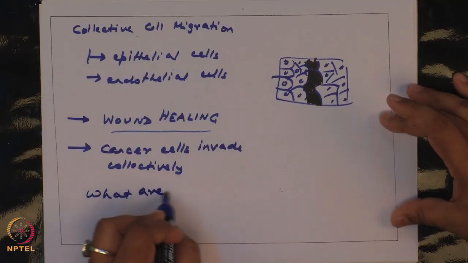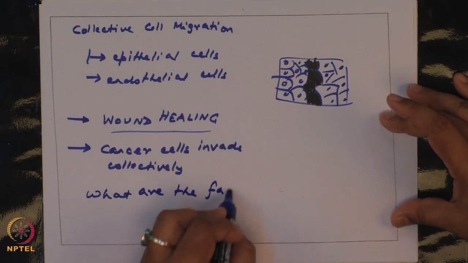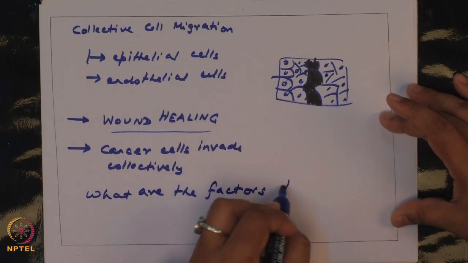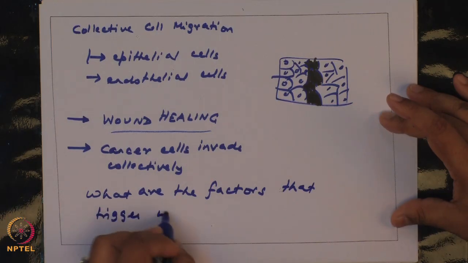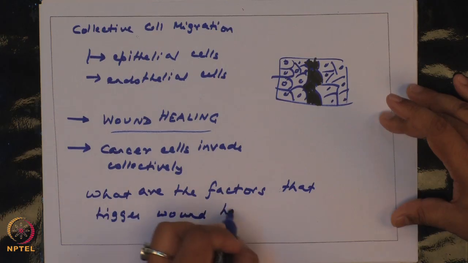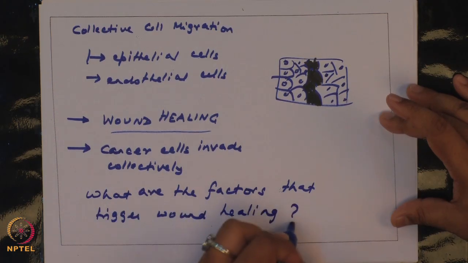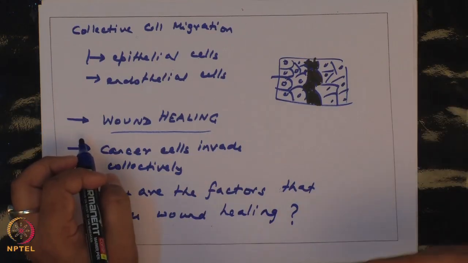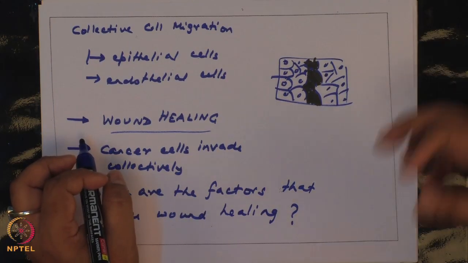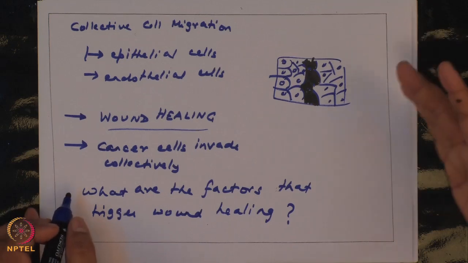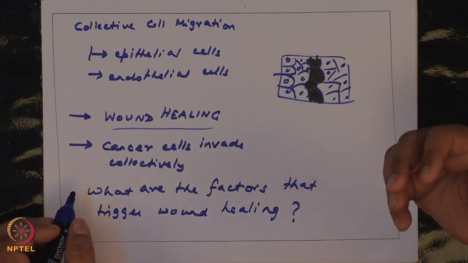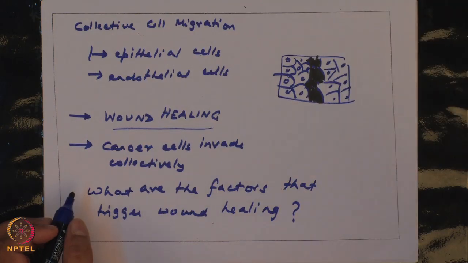What are the factors that trigger wound healing? Is it that some factors are released which trigger the migration of these cells? Or is it that the availability of space is itself a signal which triggers migration of cells? This is the first question.